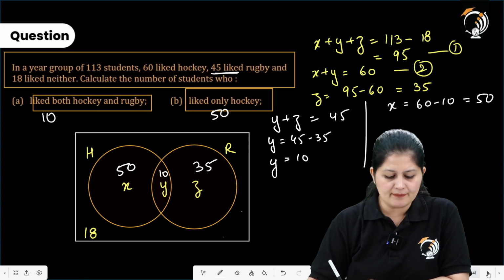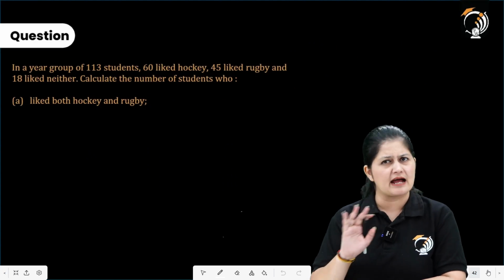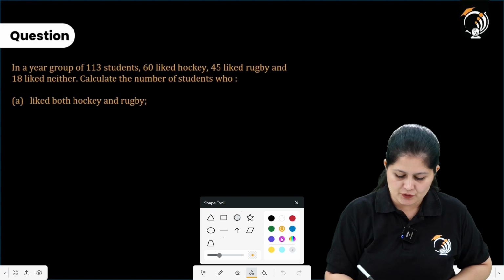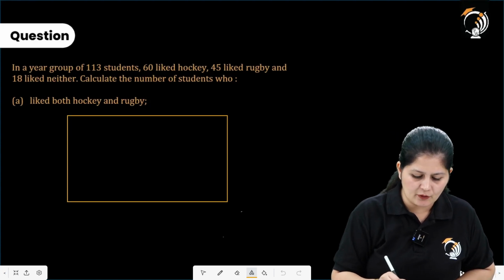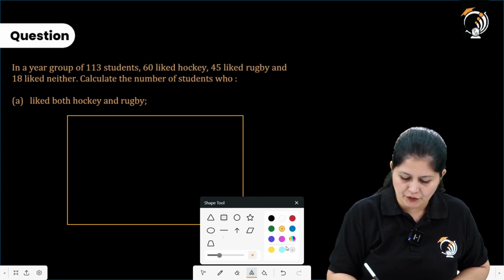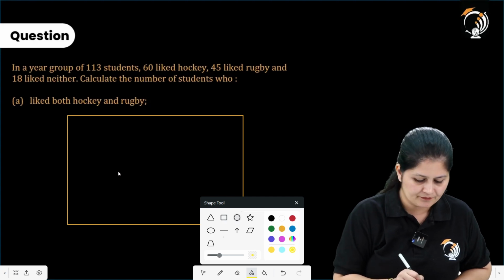Okay, now talking about the second approach, the way we solved the previous question, we can solve this question exactly in the same way as well. So let's go for it again. It's entirely going to be your choice which method you want to use in your exams for solving a question.